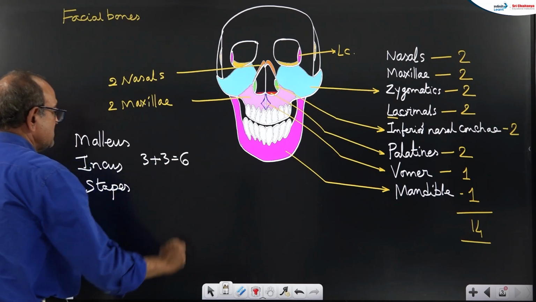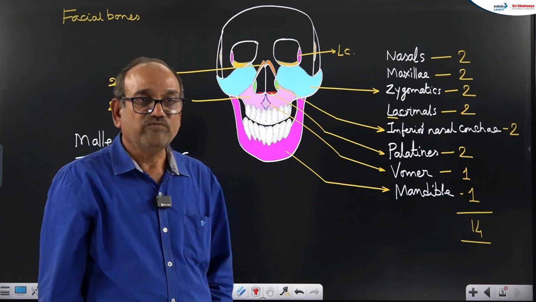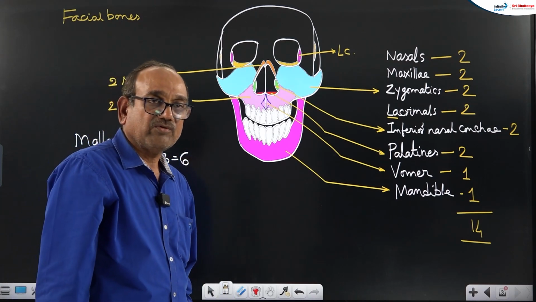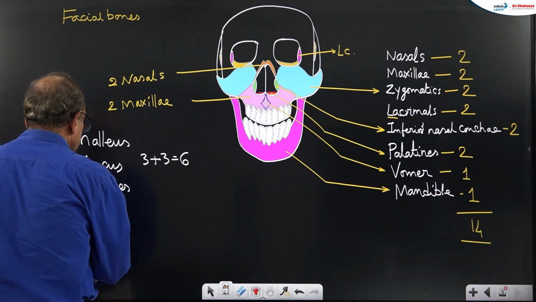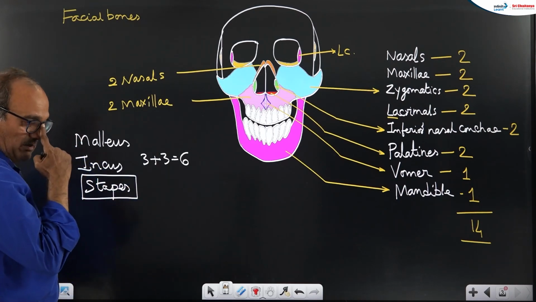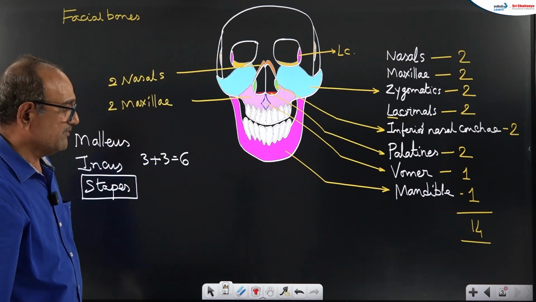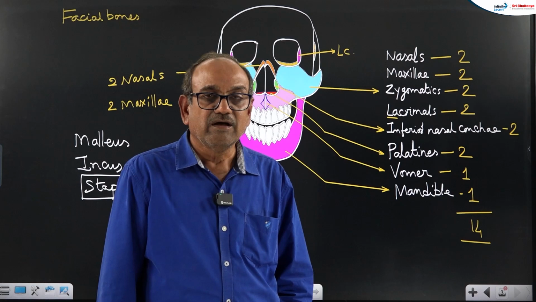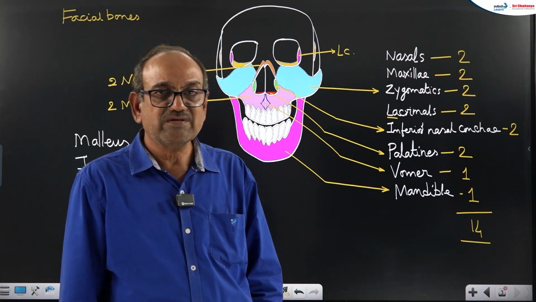These are the ear ossicles. They help in the transmission of sound waves from the tympanum to the internal ear. Among these 3, stapes is the smallest bone in our endoskeleton. There is a single hyoid bone, which is not attached to any other bones of the skull.